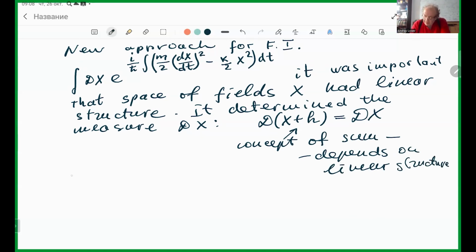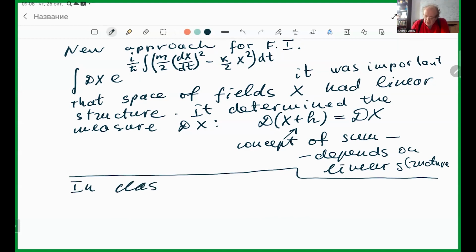However, in classical mechanics, action could be something like this.